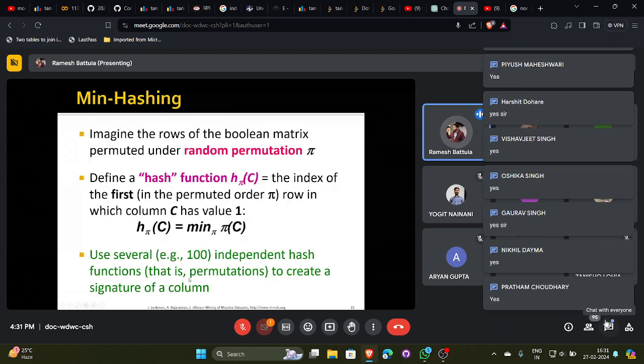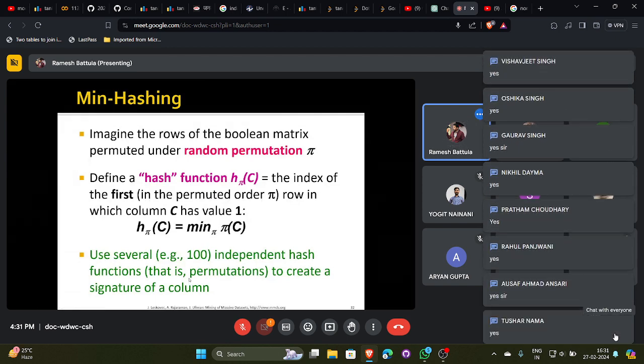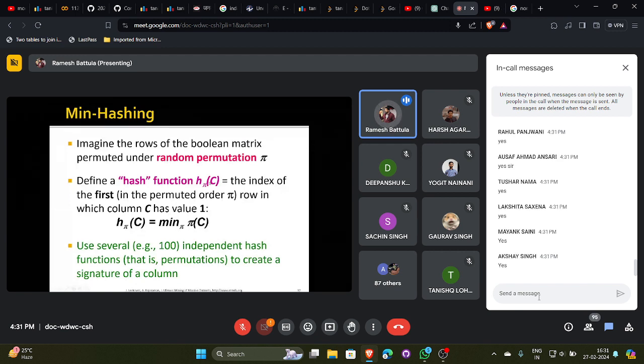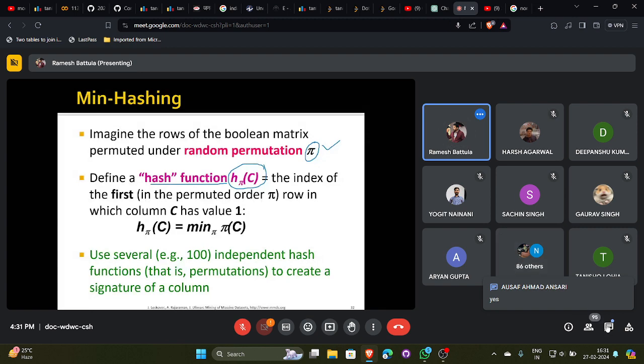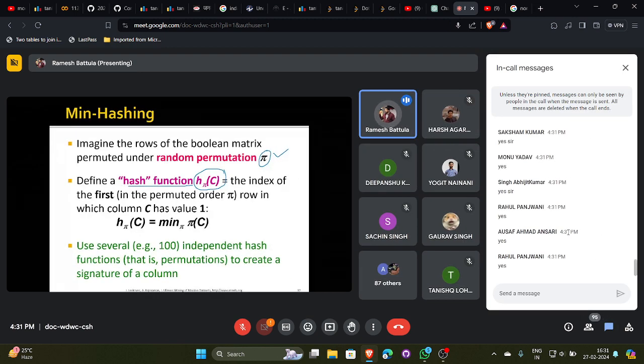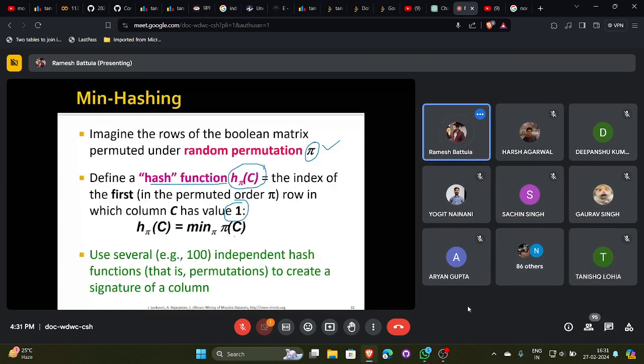If you have a Boolean matrix permuted under a particular random permutation, pi, we define our hash function h of pi of c as the index of the first row in which column c has value 1. You need to remember this very well. So what is the hash function h of pi of c? The index of the first row in which column c has value 1.